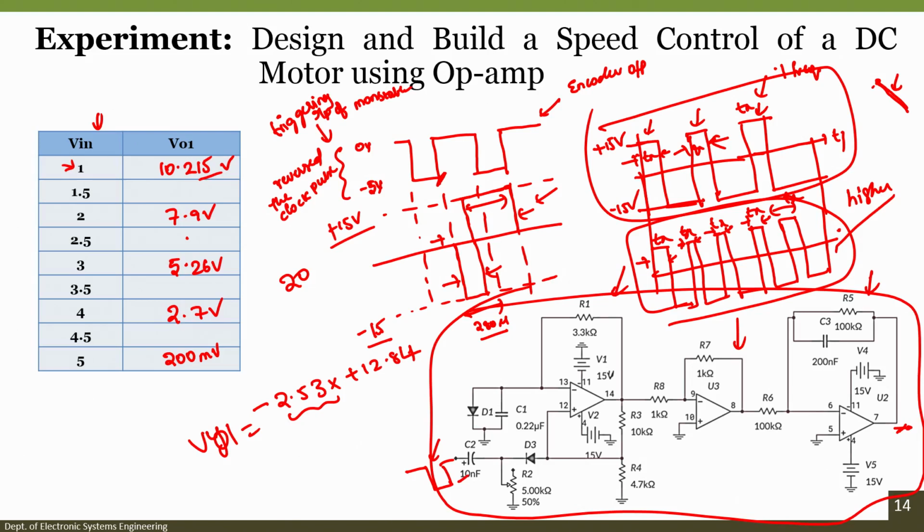For that we have realized a monostable multivibrator, an inverting amplifier, as well as an integrator. We have also seen exclusively the working of each and every block that we have used here: why we require them, and how we selected the resistors, capacitors and everything.